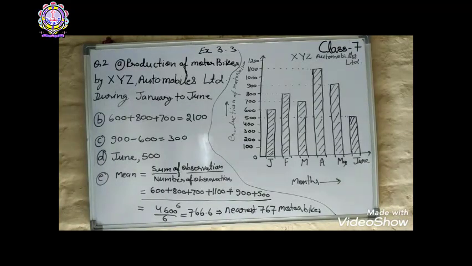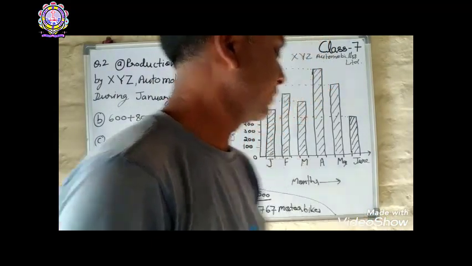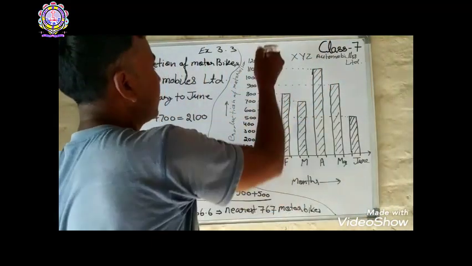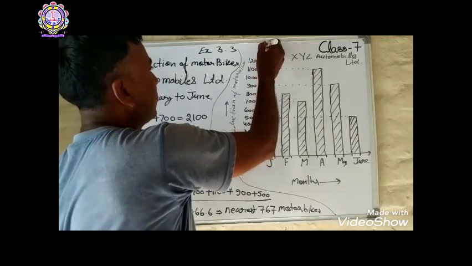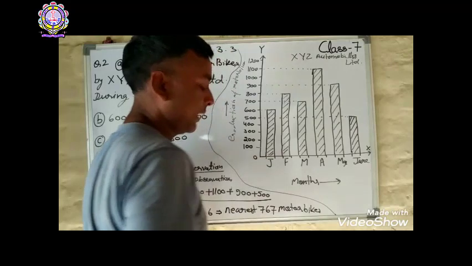Hello students. Now question number 2. First you observe the given bar graph. It also has 2 axes: the vertical line, y-axis, and the horizontal line, x-axis.